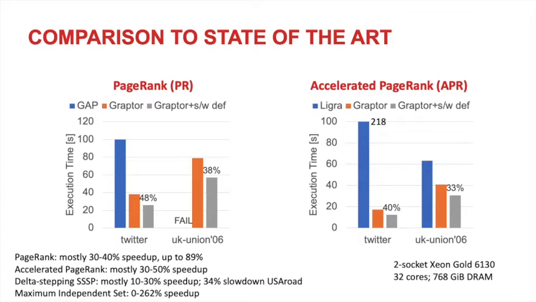In comparison to Graptor, we obtain a 38% speedup by compacting the vertex properties to 16 bits. A similar observation holds for the accelerated PageRank problem. In this case, we compare to the Ligra implementation, which provides a reference implementation for accelerated PageRank, and we obtain 40% and 33% speedups.